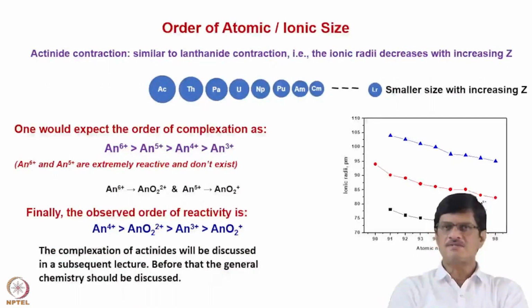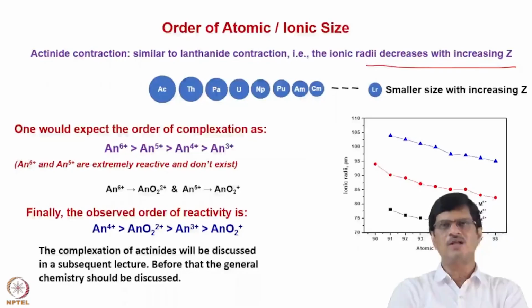Now, actinides, as we know, are from actinium to lawrencium. When we take a particular ionic species, say the +3 oxidation state, then the size of the actinides will be changing. This phenomenon is called the actinide contraction, that is, the ionic radii decrease with increasing atomic number of the actinide ions.